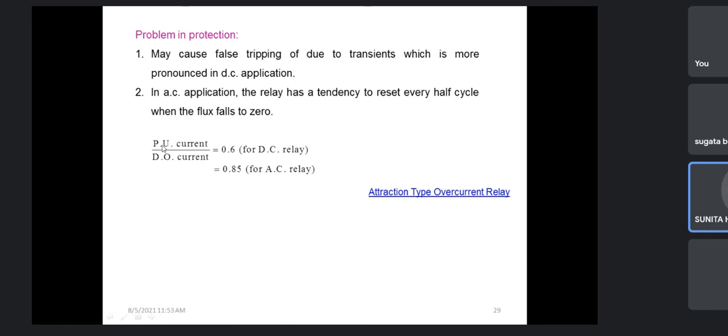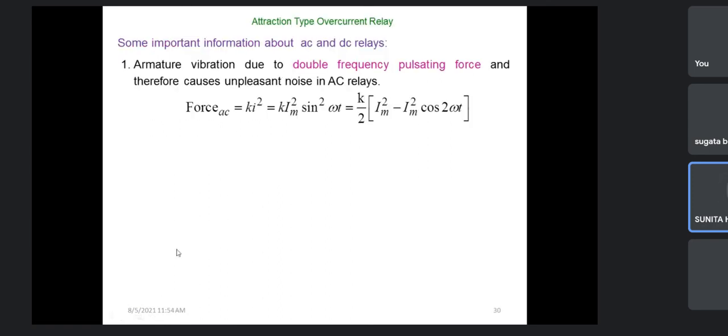Another is that the pickup by dropout current ratio is very poor. For DC it is 0.6, for AC it is 0.85. Okay. And second, there is a double frequency pulsating force developed in case of AC application. So it will create a noise, right?